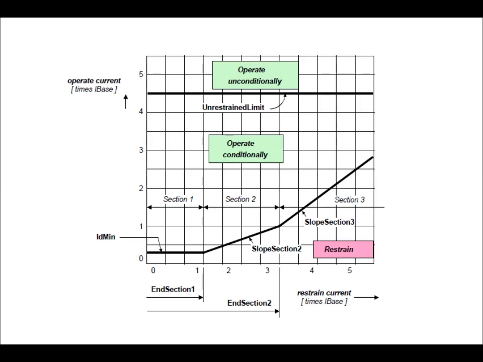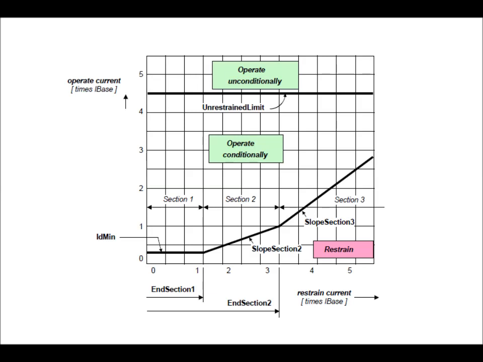The differential current must be greater than ID minimum for the relay to send a trip signal. Then the second boundary: if the bias current is greater than end section 1 up to end section 2, then the slope section 2 must be fulfilled for the relay to send a trip signal.